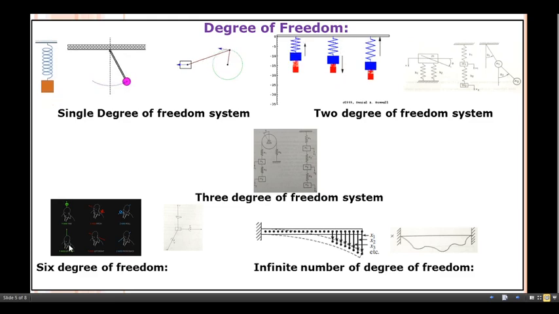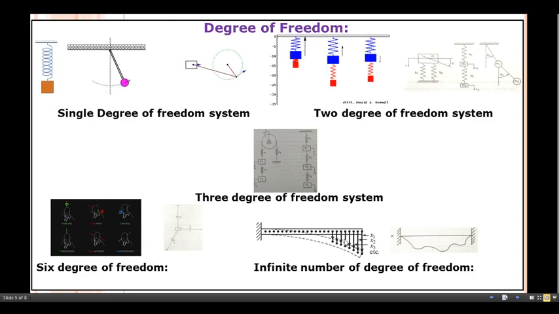And here along the y-axis, there is upward and downward motion, along the x-axis a translatory motion, and along the z-axis a translatory motion, meaning three translatory motions along the three axes and three rotational motions along the three axes. This is the case of 6 degree of freedom.